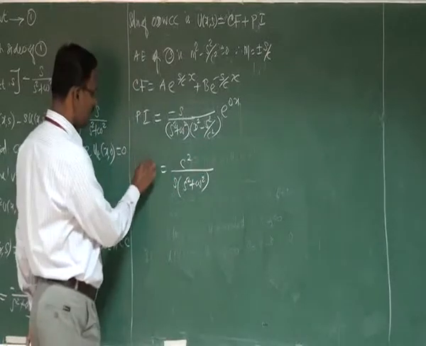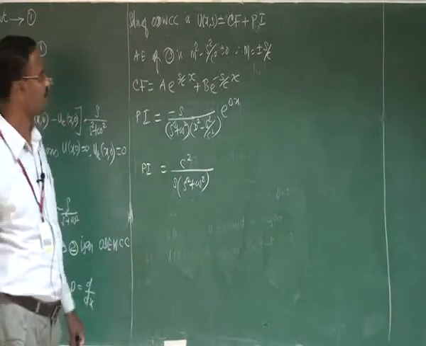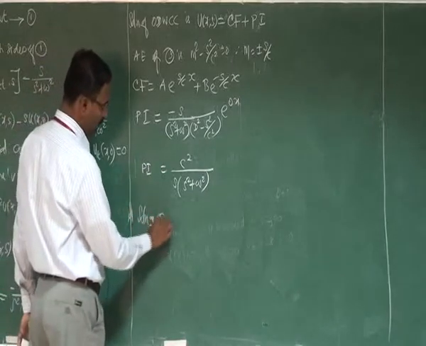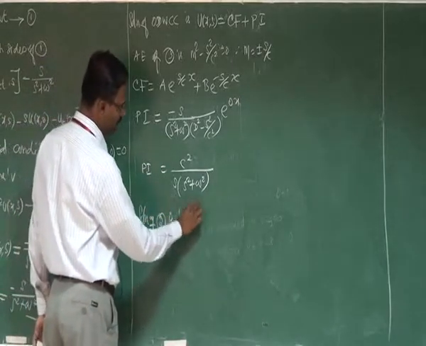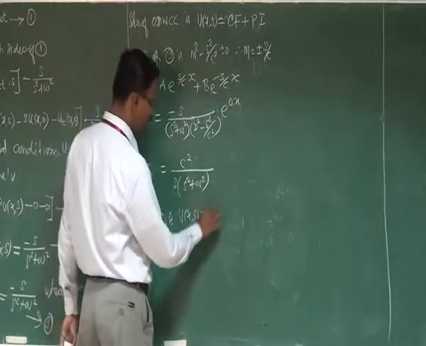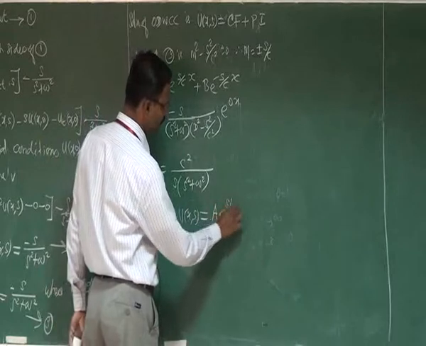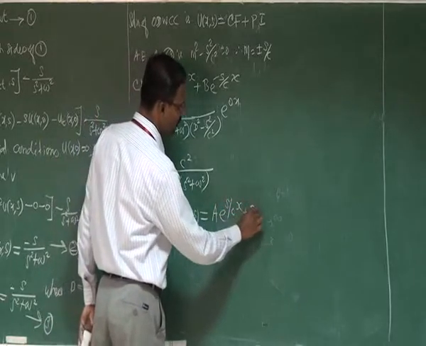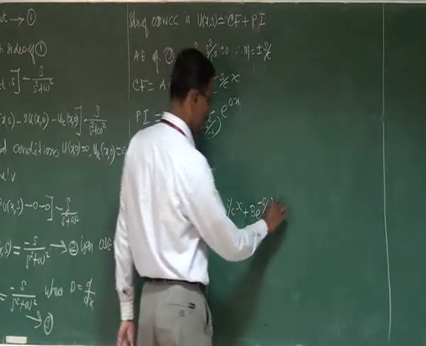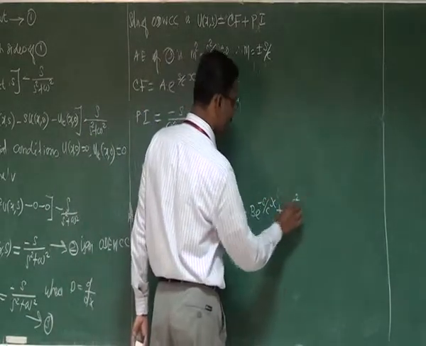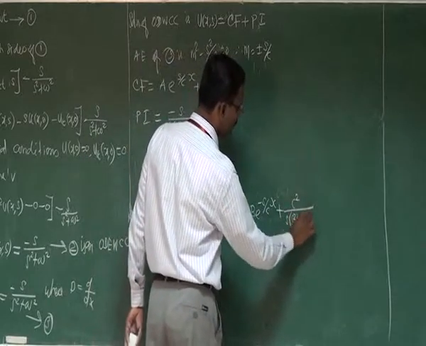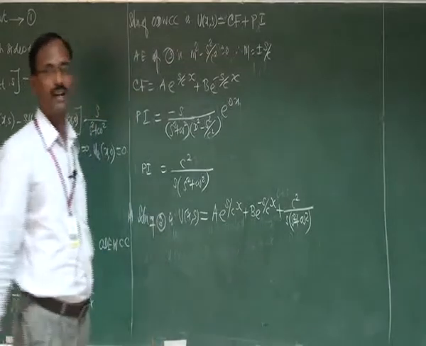Now, the solution of the equation number 3 is u of s comma x is equal to a into e power s by c into x plus b into e power minus s by c into x plus the particular integral c square by s into s square plus omega square.